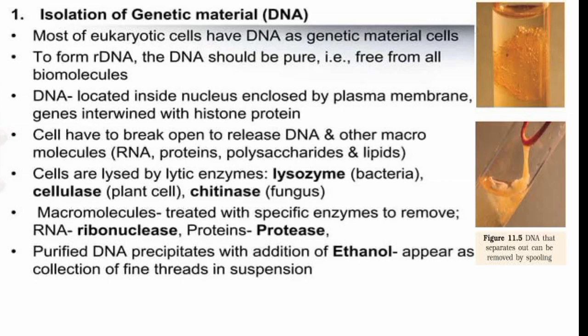The macromolecules are treated with specific enzymes: ribonuclease will remove the RNA and protease will remove the proteins. The purified DNA precipitates with the addition of ethanol, which appears as a collection of fine threads in suspension.